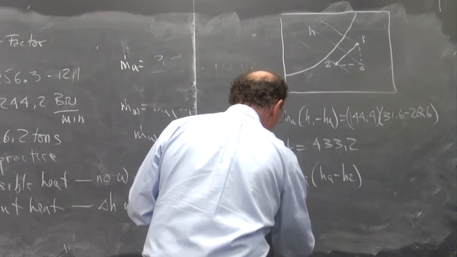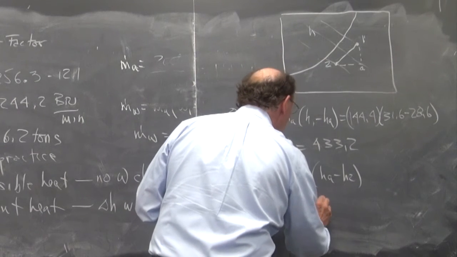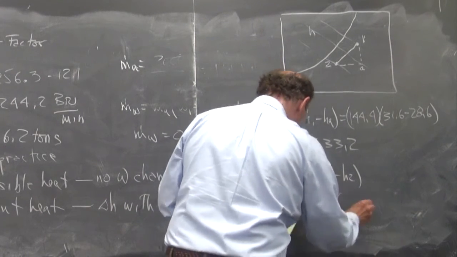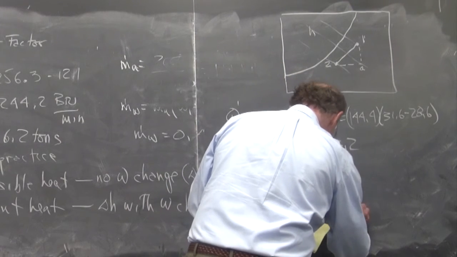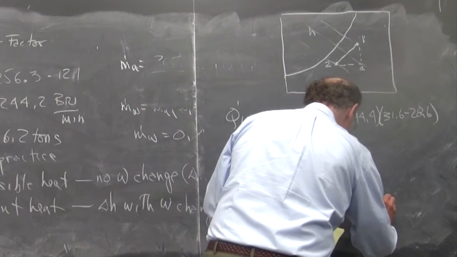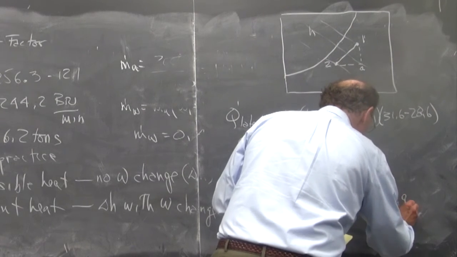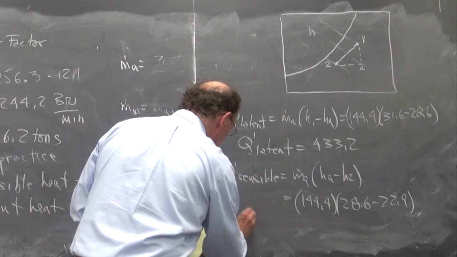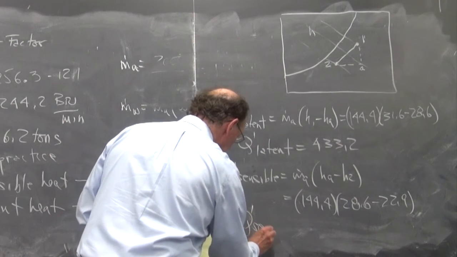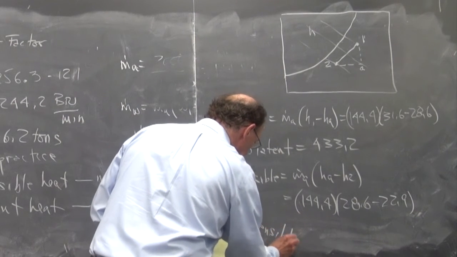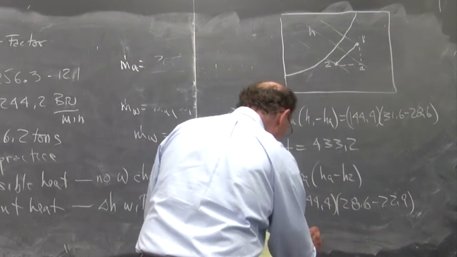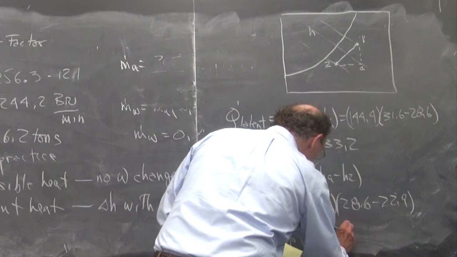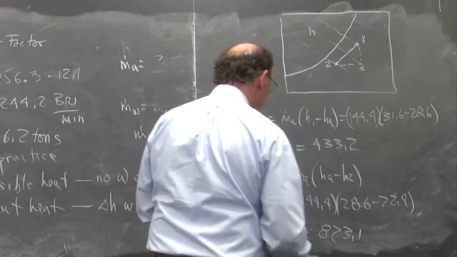So this is equal to 144.4 times HA 28.6 minus 22.9. So I have that Q dot sensible is equal to 823.1 BTUs per minute.